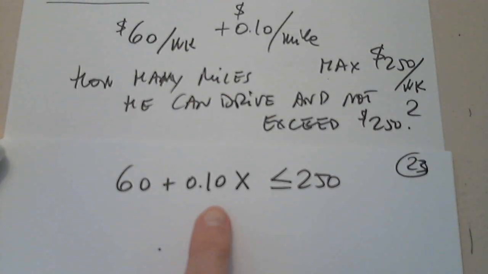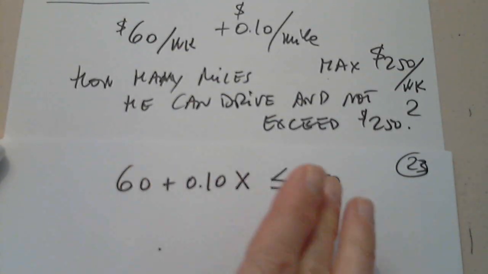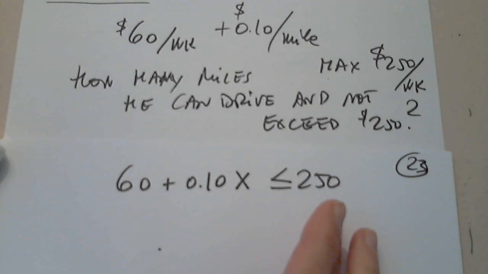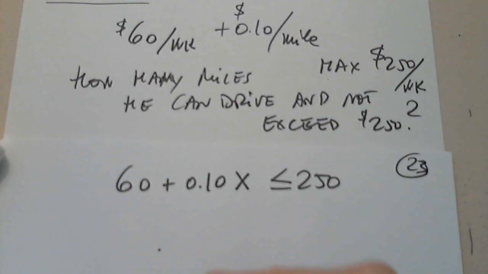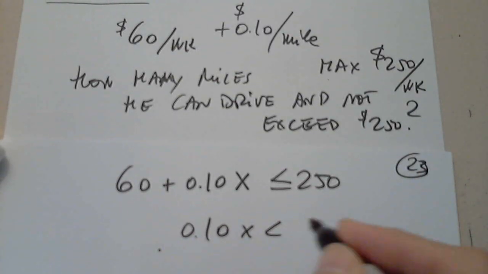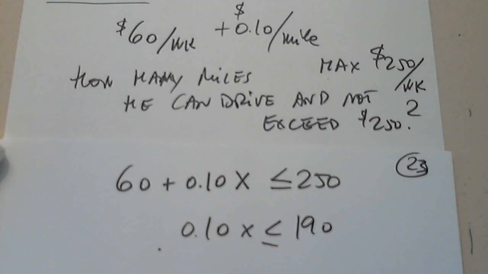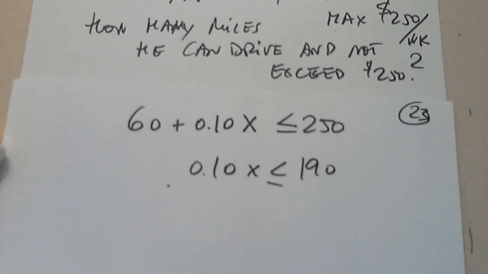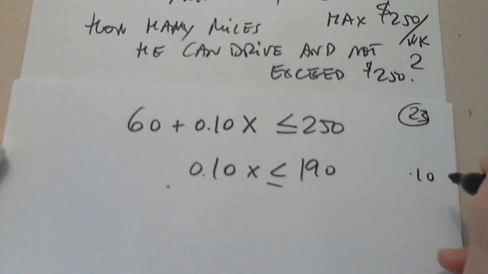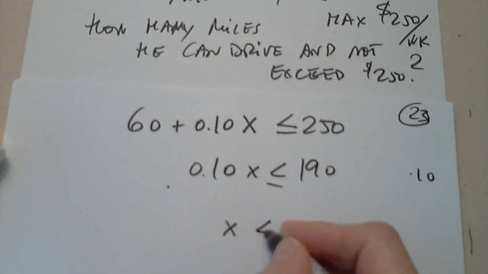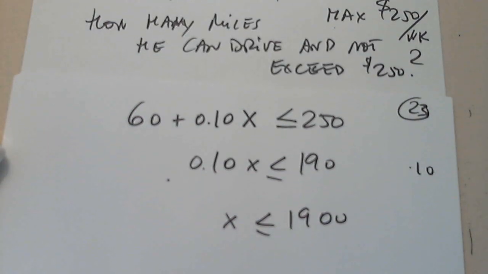Since I only have one decimal number, I'm not trying to change the rules on you, but I will definitely subtract 60 and then multiply by 10. So I have 0.10x less than or equal to 250 minus 60, which is 190. Now I will multiply by 10, and I get x is less than or equal to 1900.